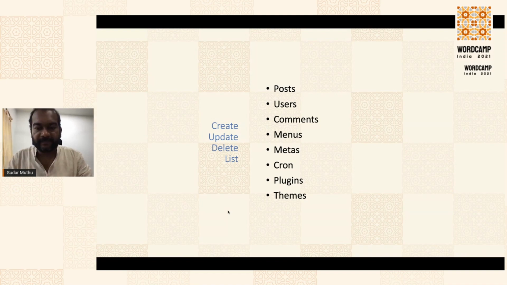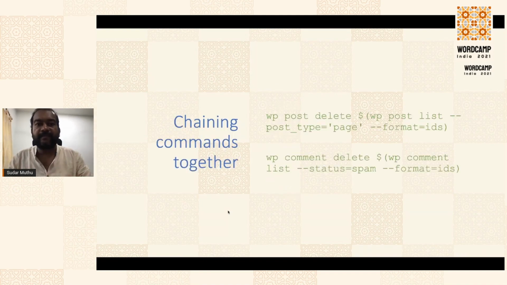Right, as I said, we can perform the CRUD operations on all the entities that are there in WordPress. Okay, now let's move on to what are the other things that we can do with WP-CLI. Now this is where it gets really interesting, and as a power user, it would give you a lot of additional powers. So one of the interesting things is how in Unix we can keep on chaining commands, right?